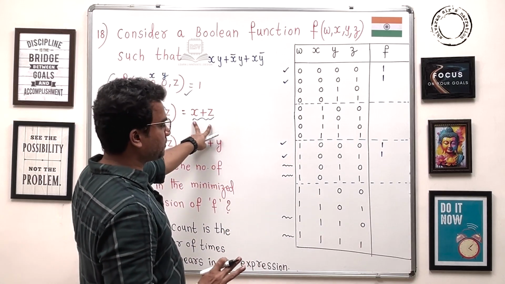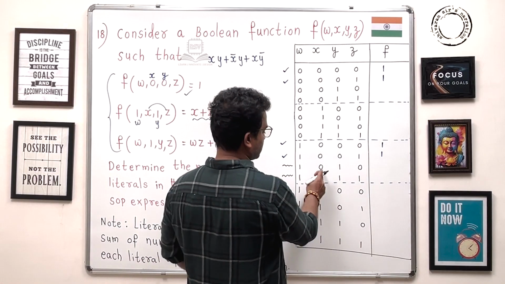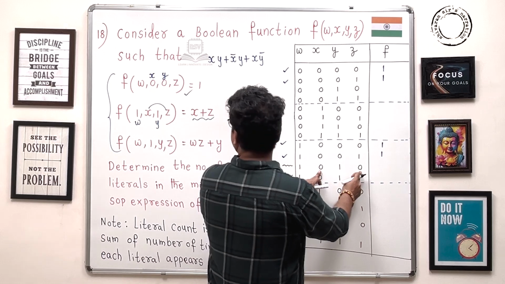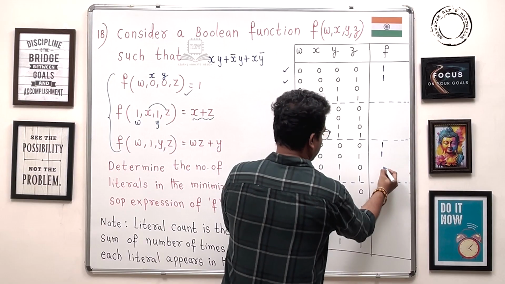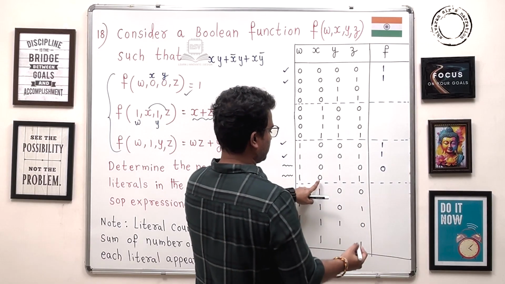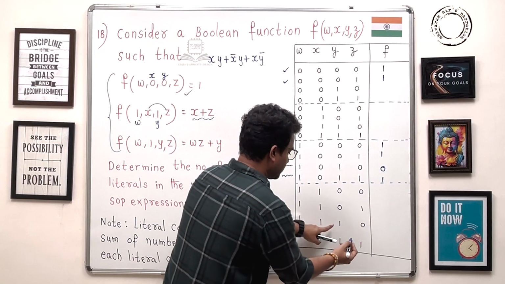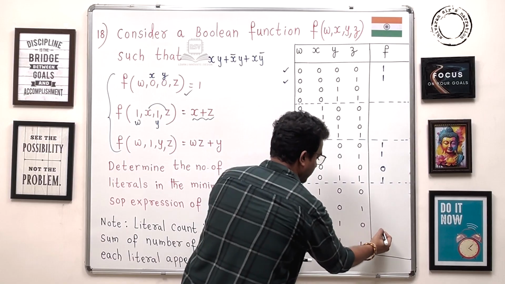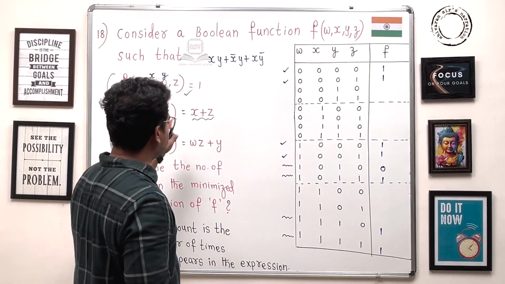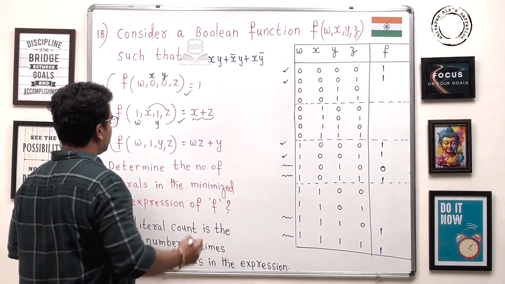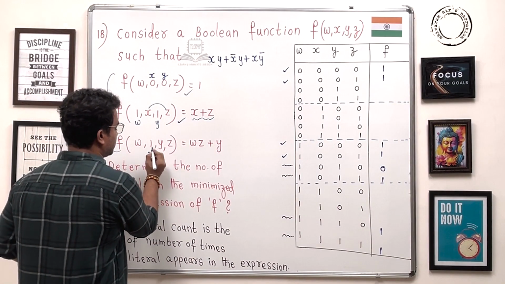In this case, it is x plus z only. So 0 plus 0 is 0, 0 plus 1 is 1, 1 plus 0 is 1, 1 plus 1 is 1. This is also done as per the requirement. Now the last one.